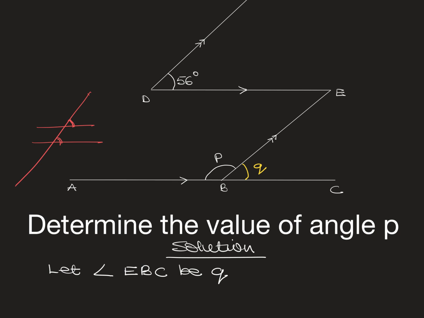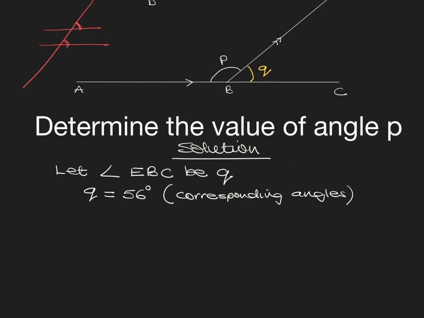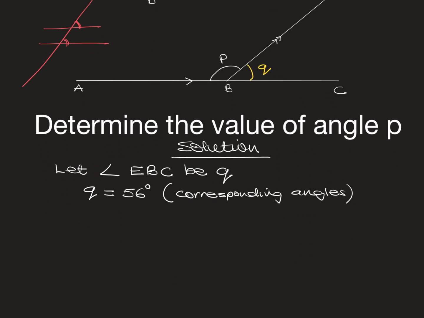So we can say Q is equal to 56 degrees because they are corresponding angles. Okay, so if that is the case, we can now find P.